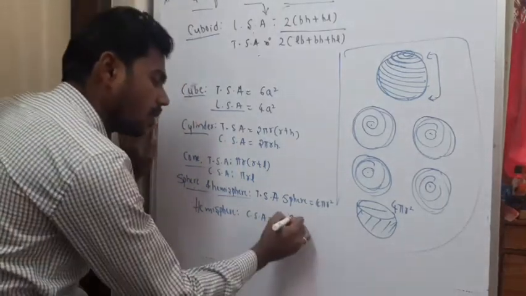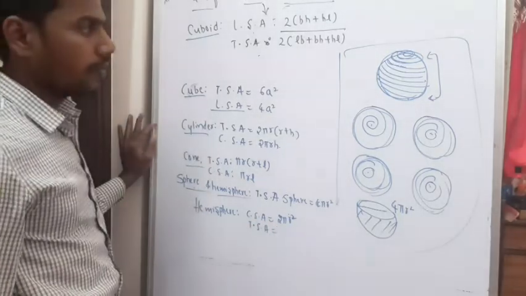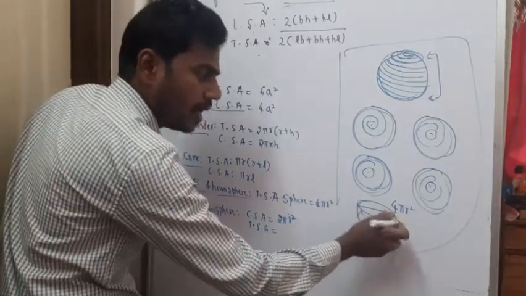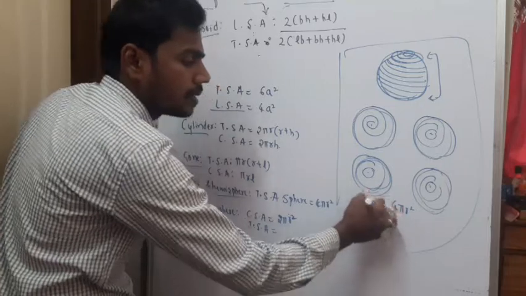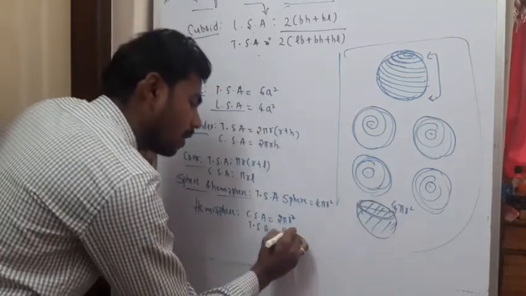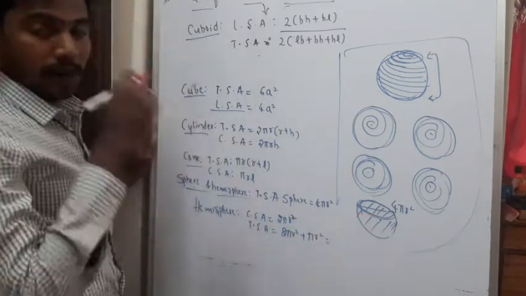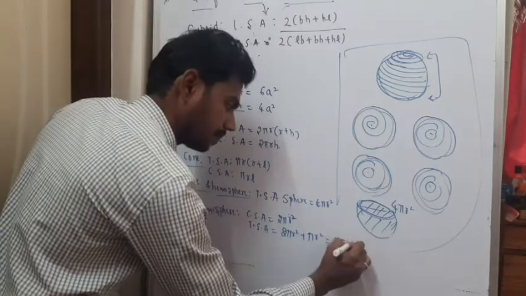Then what about the total surface area? The total surface area of a hemisphere is this curved surface area plus, if we include this circular area, 2 pi r square plus pi r square, which gives the total surface area of the hemisphere, that is 3 pi r square.